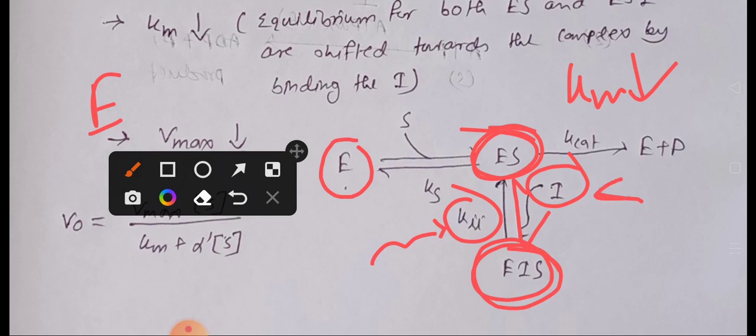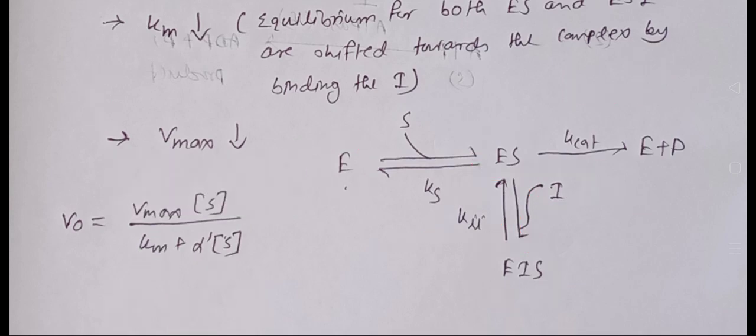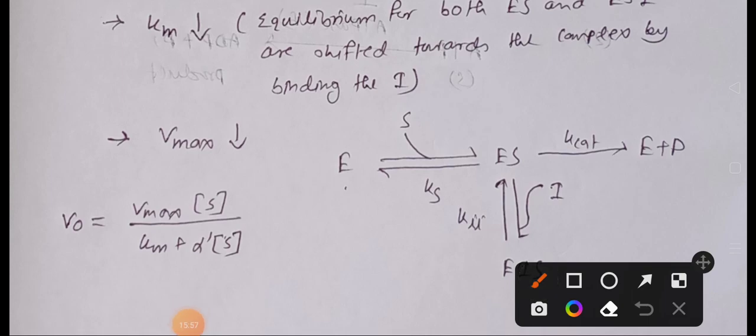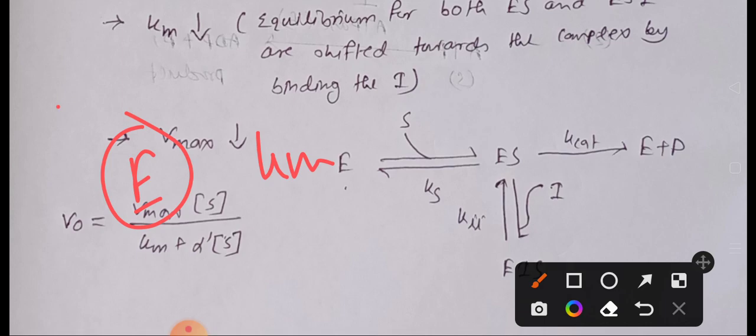You may remember just one thing: in uncompetitive inhibition, due to the presence of the uncompetitive inhibitor, the affinity of the enzyme for the substrate is increasing, right? And as I have told you, if such a situation occurs, then clearly Km will decrease, right?